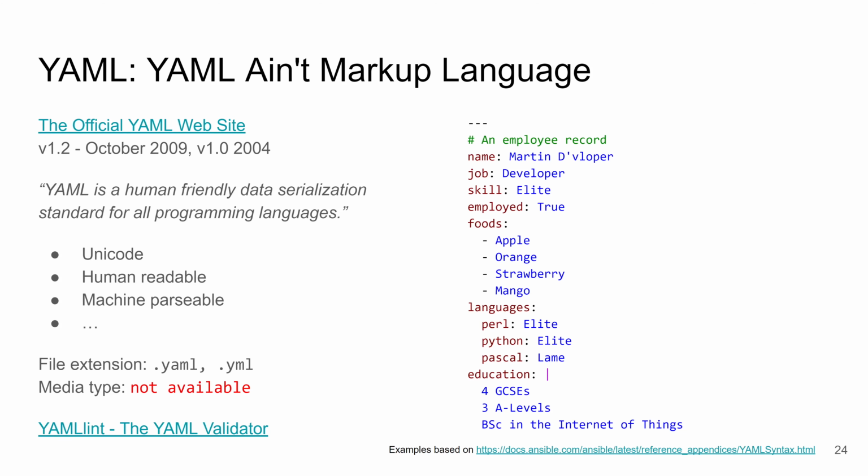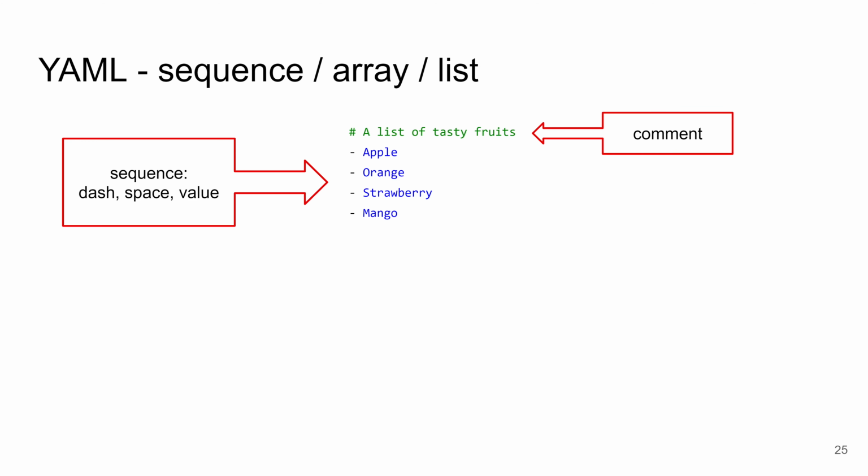So the first thing is the most typical thing in YAML, and that's a sequence, also called an array or a list, and also a comment. So a comment, again, in YAML starts with a hash, and a sequence is a dash, a space, and a value in that sequence. It is an ordered sequence. So here we have a sequence or array of 4 items, which are texts.